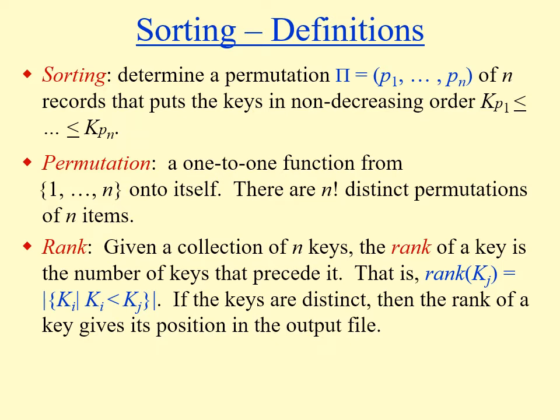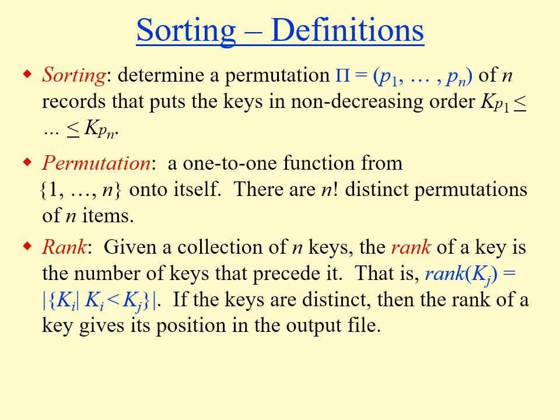This is the default order for sorting, non-decreasing. So Kp1 is less than or equal to Kp2, less than or equal to Kp3, and so on, till the end, less than or equal to Kpn.